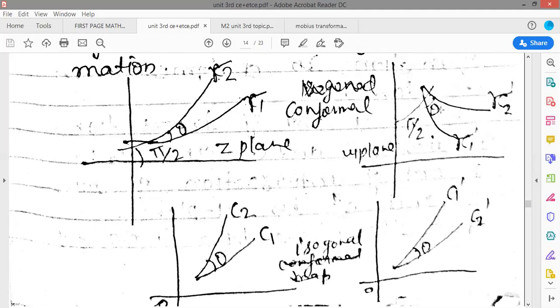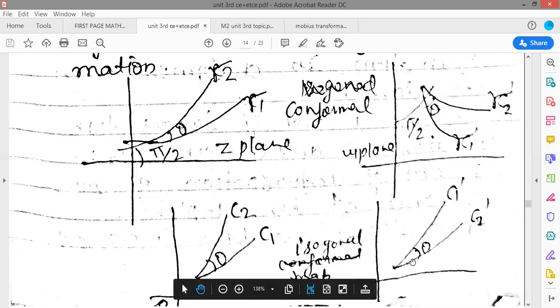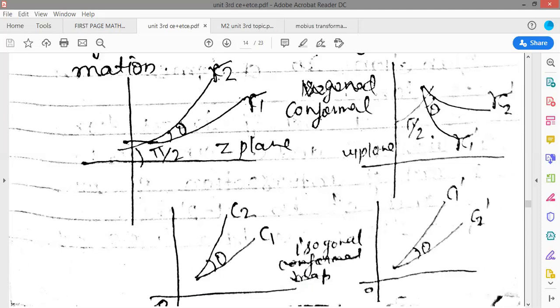So just remember this definition: if the angle of intersection of the curves at P in the Z plane is the same as the angle of intersection of the curves in the W plane at P dash in magnitude, that means this figure's magnitude and that figure's magnitude both will be the same, and then the transformation is called conformal.